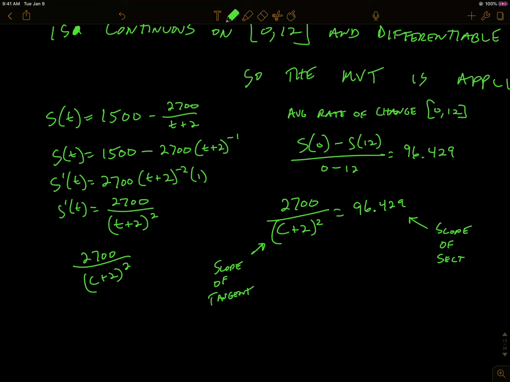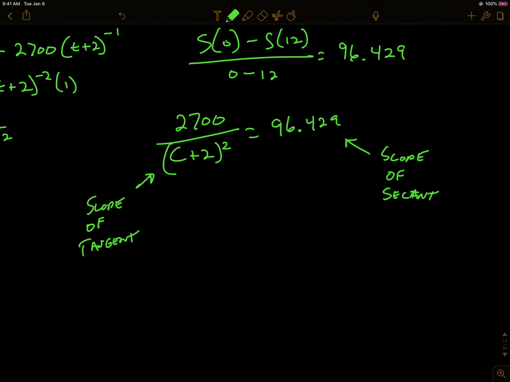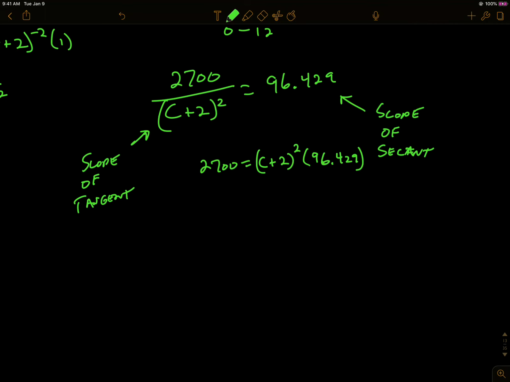So instantaneous rate of change versus average rate of change. If I multiply both sides, I get 2700 equals c plus 2 squared times 96.429. I'll divide both sides by that 96.429.